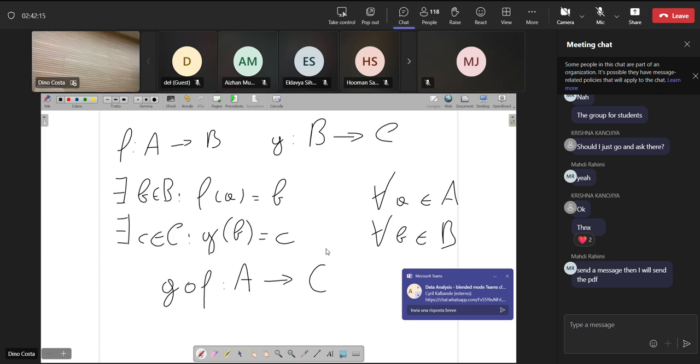That is, taking an element in A, f of a gives us an element in B, g of b gives us an element in C. So the composition of functions can always be defined if and only if we are mapping from A to B and B to C, where A, B, and C are fixed.